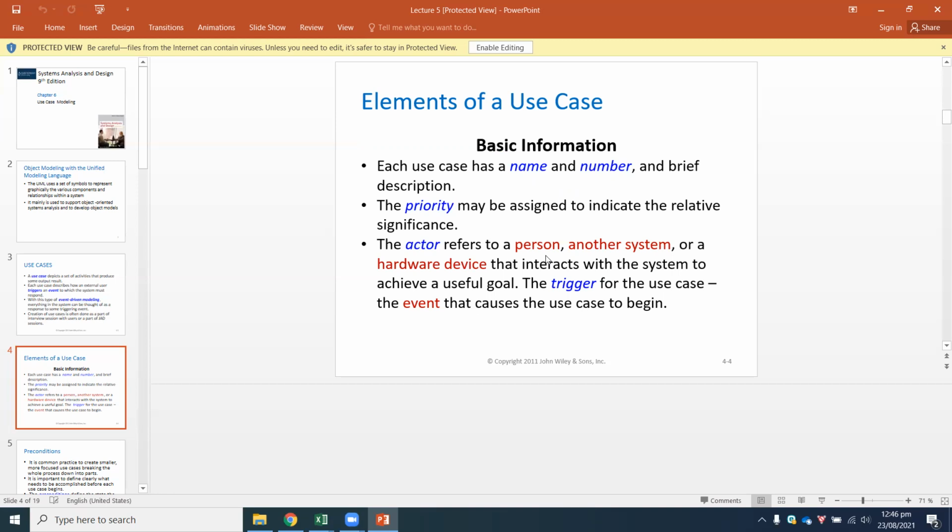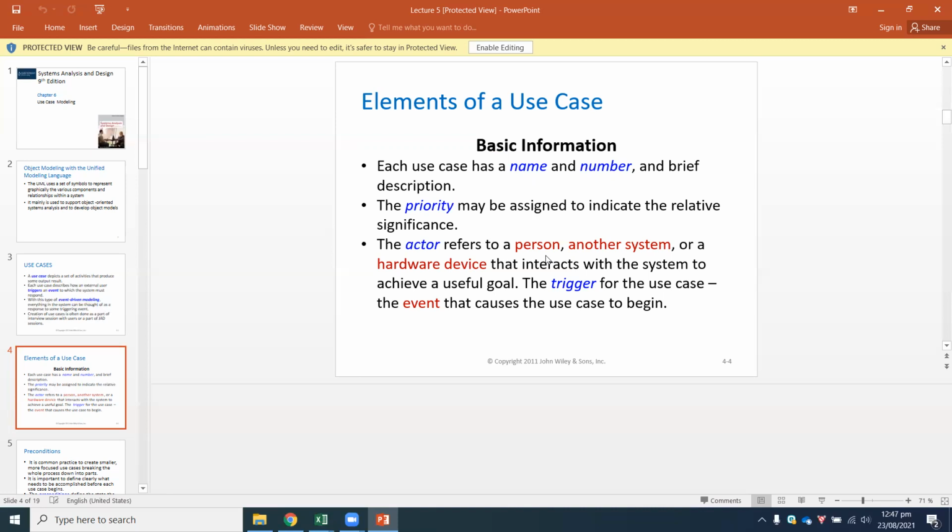Okay, let me quickly summarize the important things only. If we look at the elements of a use case, you have three important things that play a key role. First of all, you need to have a use case itself. With the use case, there are a few things associated with it. The common thing is that the use case generally has a name and a description. Next up, you have an actor.